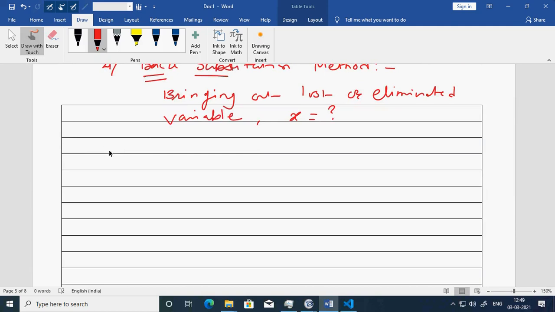a system of equations: x1 plus 3x2 plus 10x3 is equal to 14.